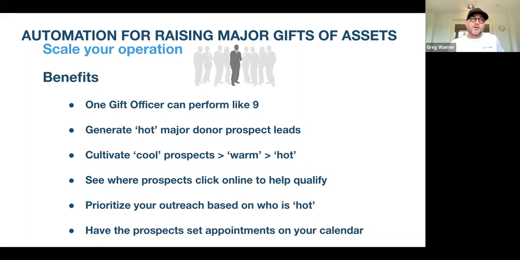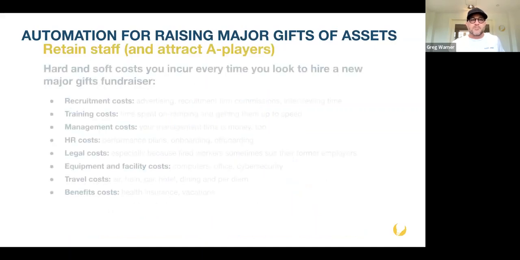It's not so important if they're just buying tickets to a football game or an opera, but if they are clicking on information or downloading the quest language and forwarding it to someone, that's very useful information for prioritizing who you want to reach out to. And of course, you can have the system even set appointments.